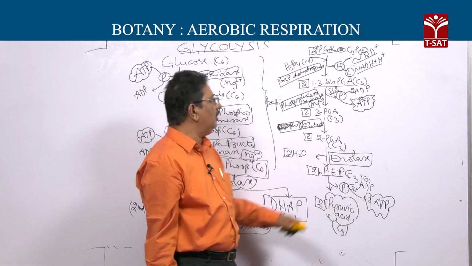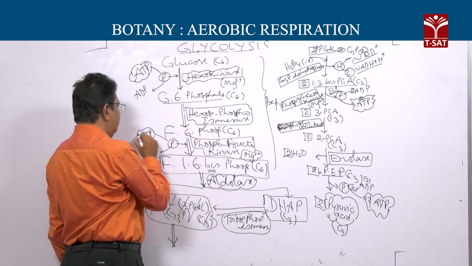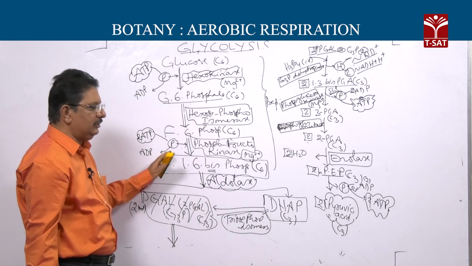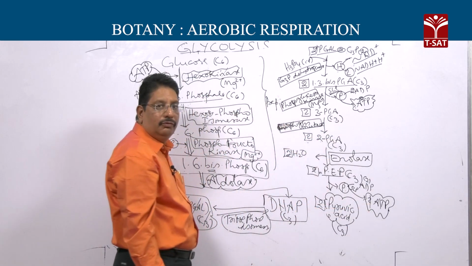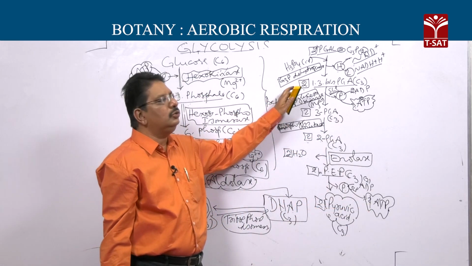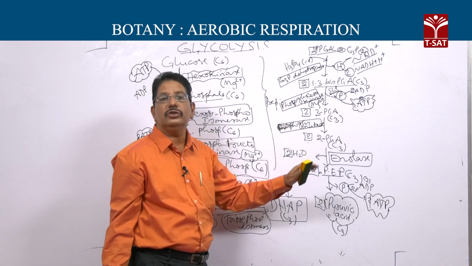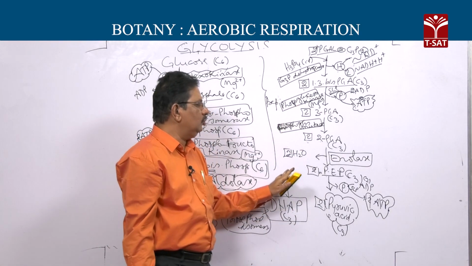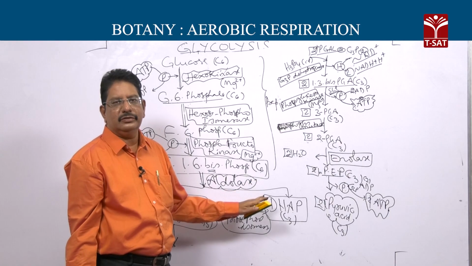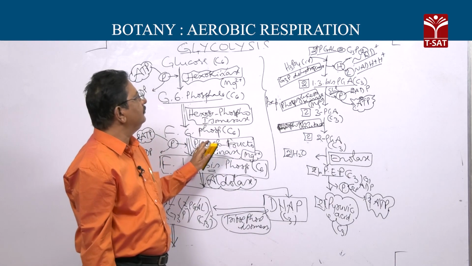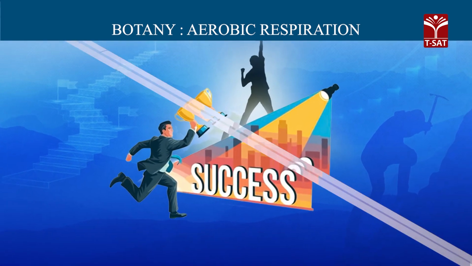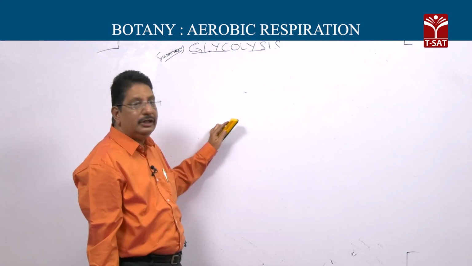So, during this process, 2 ATP molecules were utilized, 4 ATP molecules are formed, and 2 NADHs are also generated, and 2 water molecules are released. So, that is the summary or the details of glycolysis. So, let us take the summary of glycolysis.